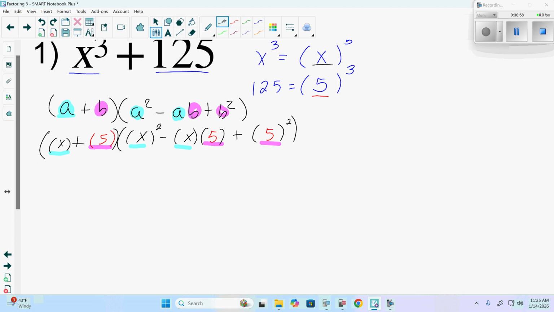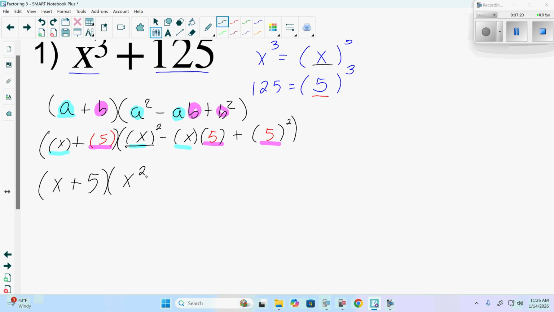And all that means is if we look at each spot, in the first set of parentheses, we just have x plus 5. There's really nothing needing to be simplified there. For x squared, we are going to square that spot. Here there's just x, but if there had been 2x, we square both the 2 and the x, giving us 4x squared.